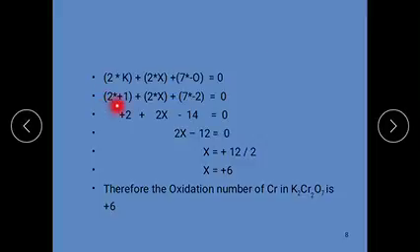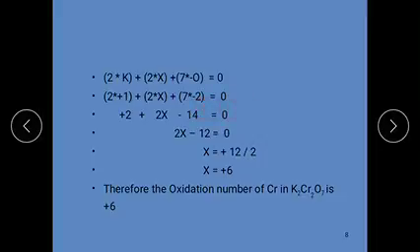We know potassium is a first A group element, so its oxidation number is plus 1. 2 into plus 1, plus 2 into X, plus 7 into minus 2 equals 0.